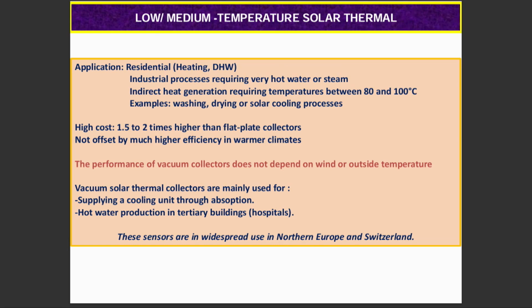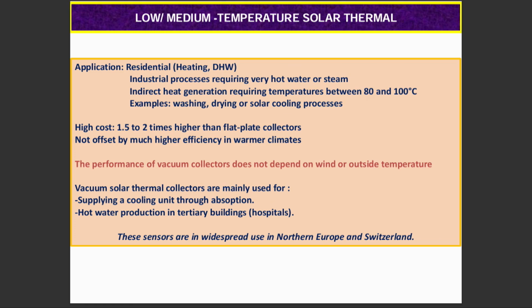And so yes, the cost of course of evacuated tubes, which allow to reach a higher level of temperature, is higher. It's 1.5 or 2 times higher than the flat plate collector, which is quite common and standard. The performance of a vacuum collector does not depend on wind or outside temperature, due to the fact that there is no convection inside the collector to bring heat to the glass.